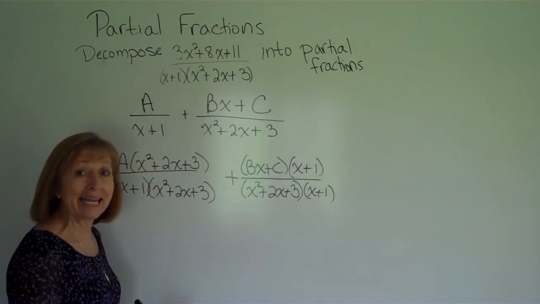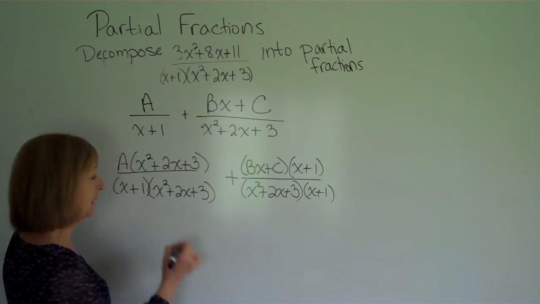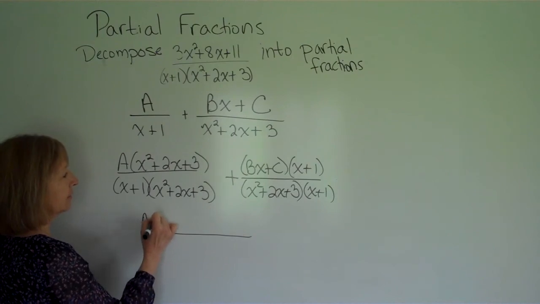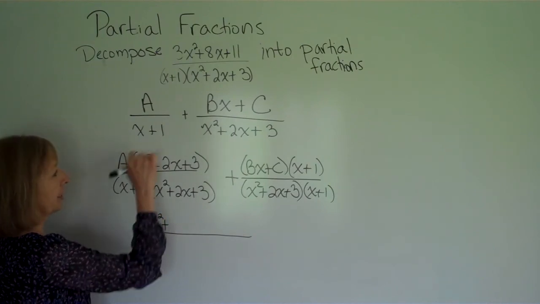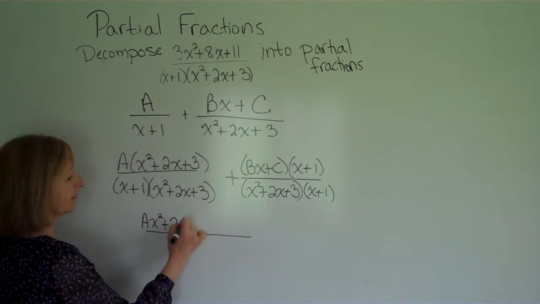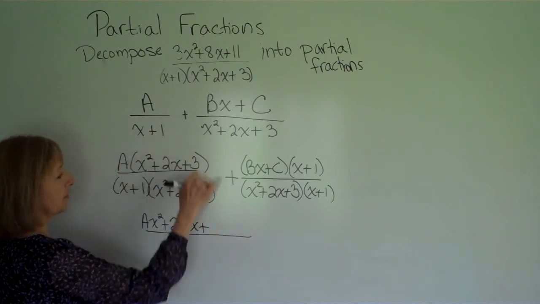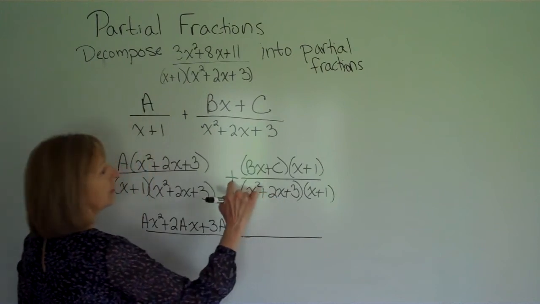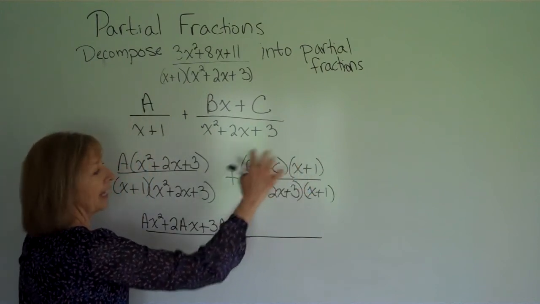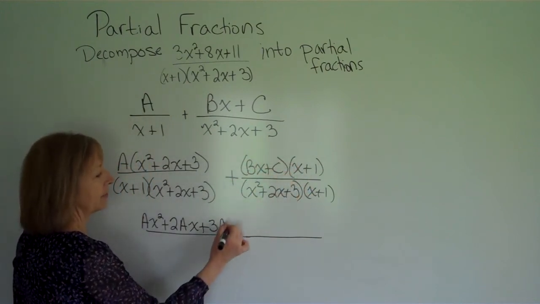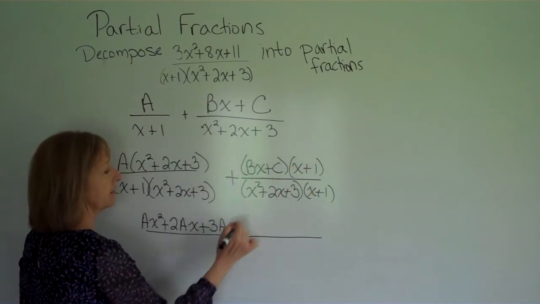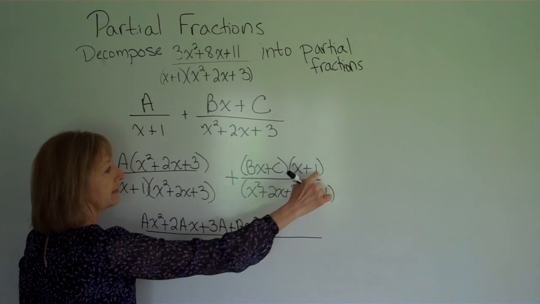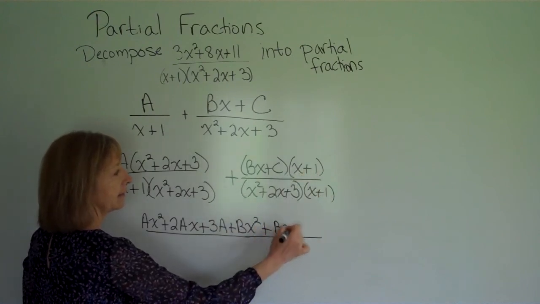Now remember, at this stage we multiply out the numerators but keep the common denominator factored. So this will be ax squared plus 2ax plus 3a, and then here it's a binomial I have to FOIL out and then add that. So plus bx squared plus bx.